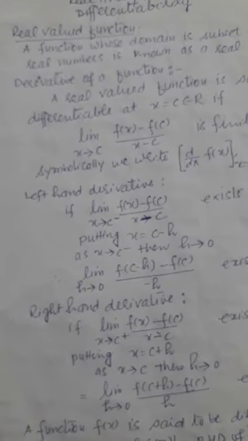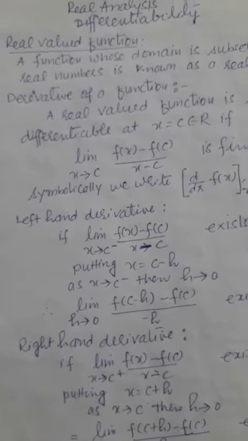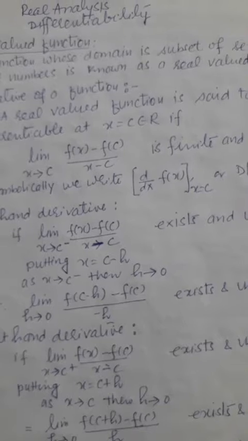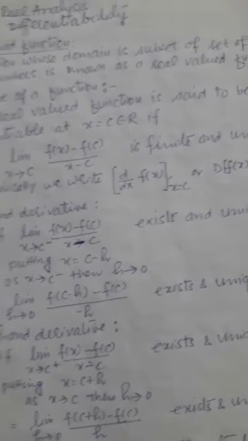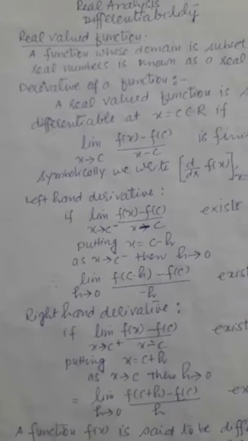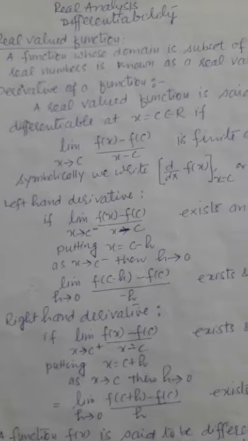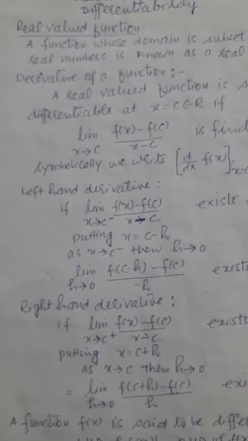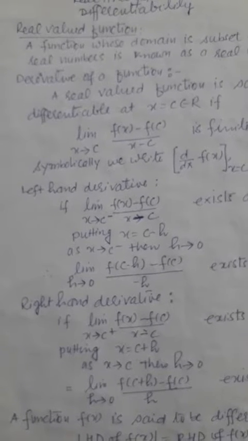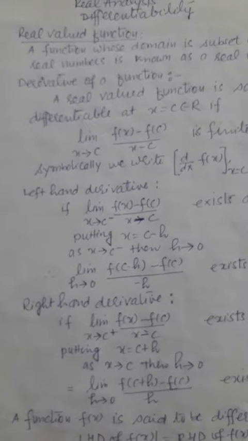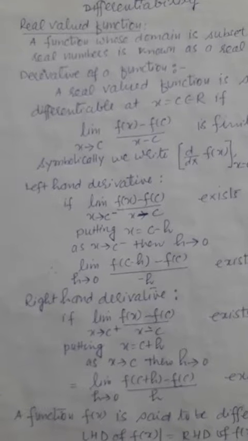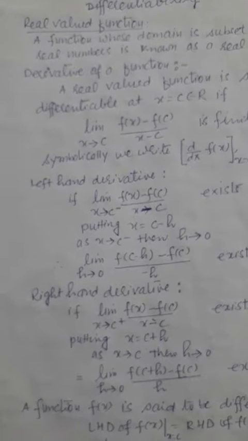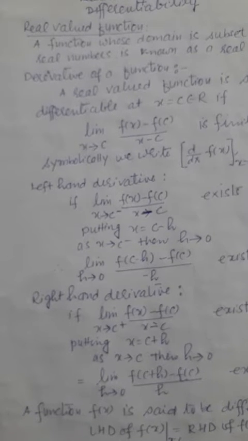A function whose domain is a subset of the set of real numbers is known as a real valued function. The domain of the function should be a subset of R, the set of real numbers. So this is the exact definition of the real valued function.